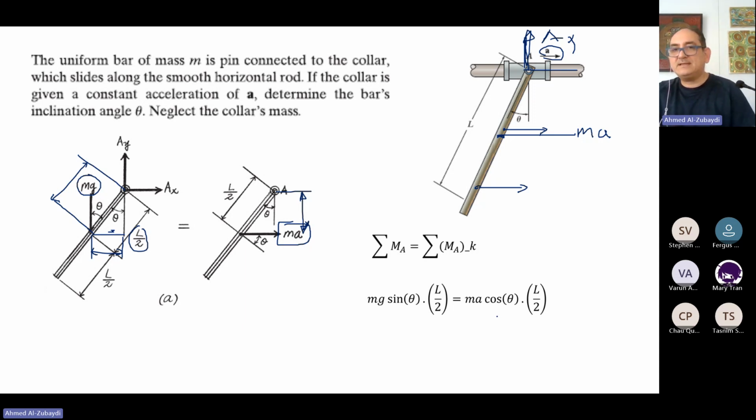So the tangent of theta, which is sine over cosine, is equal to ma divided by mg. By simplifying, I can remove m and L divided by 2 from both sides, so theta is equal to the tangent inverse of a divided by g.